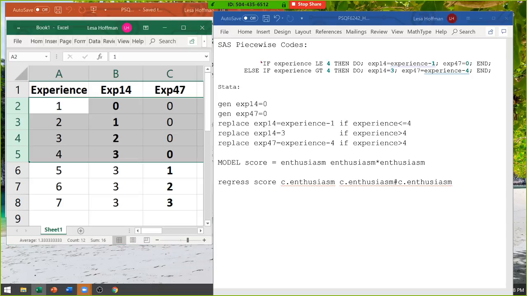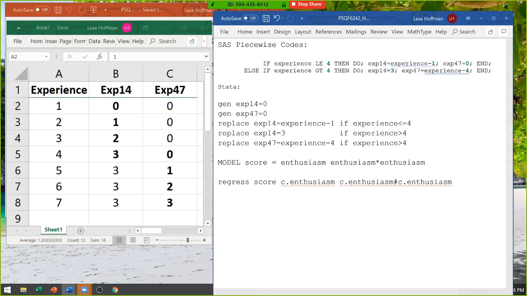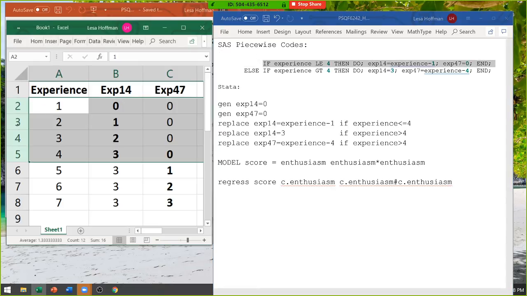So the first line of the SAS code here, that line right here, gets me that much. Okay, I can't highlight them both at the same time. I give up. The second line then, if experience is greater than 4. So note that the first line covers 4 inclusive, less than or equal to. The second line then is greater than 4. So it's only going to apply to 5, 6, and 7.